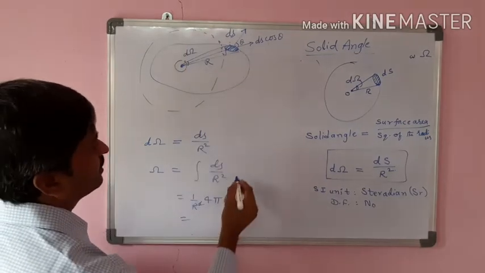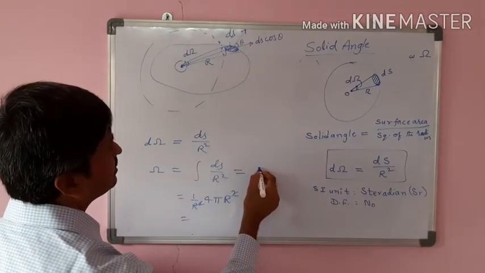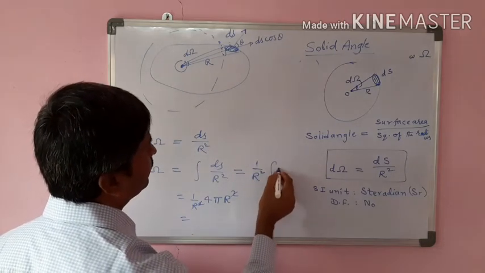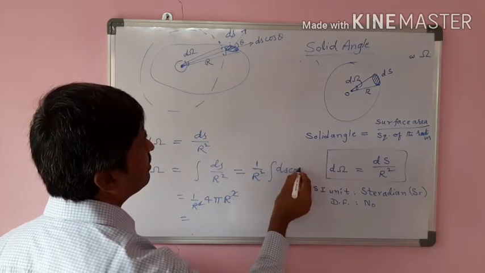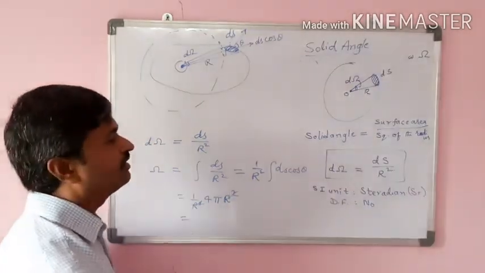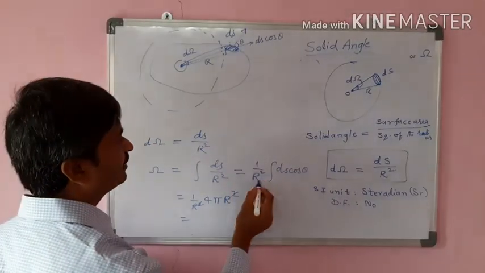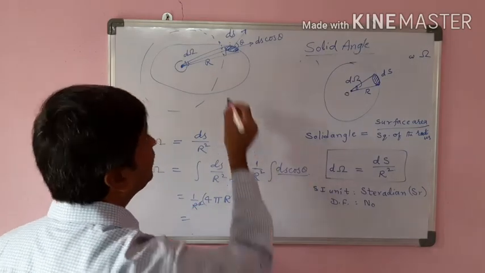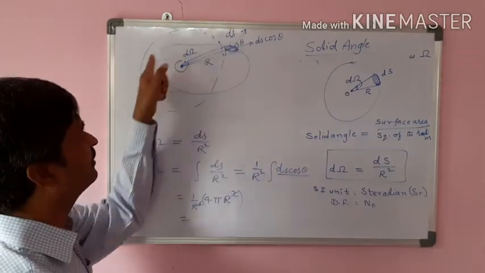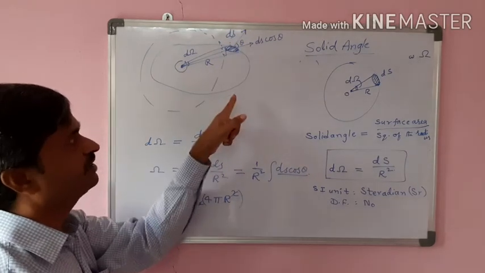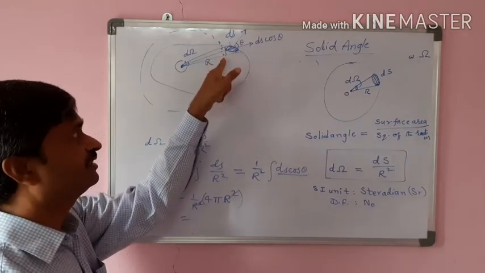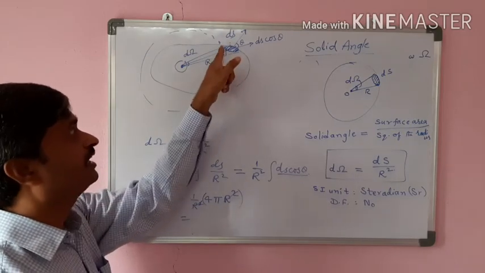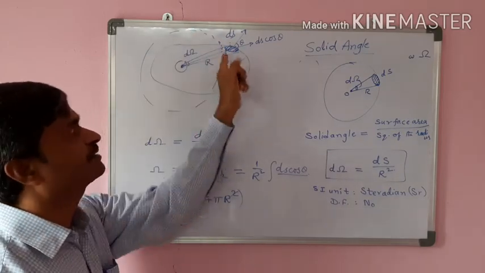Let me write one more step, that is equal to 1 by r square into the integral of dS cos theta. Why am I taking dS cos theta? With radius r, so that I can write 4 pi r square as the integral. dS means we have to add all this. It is an irregular shape, it is difficult for us. So we converted that into a spherical shape, that is, the normals at every point put together form a sphere.